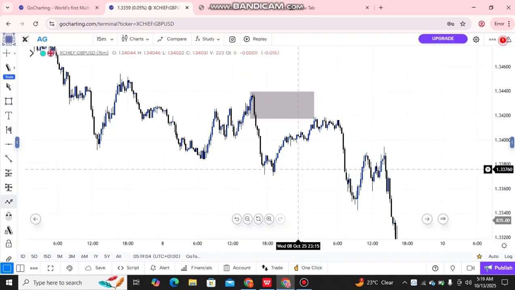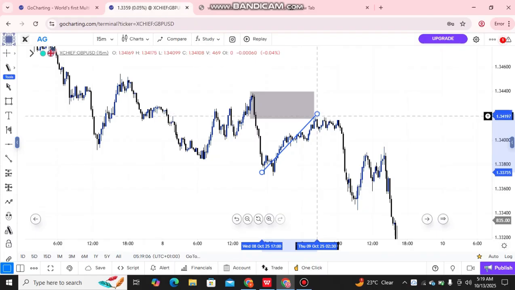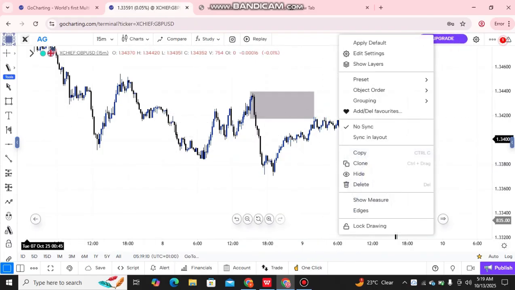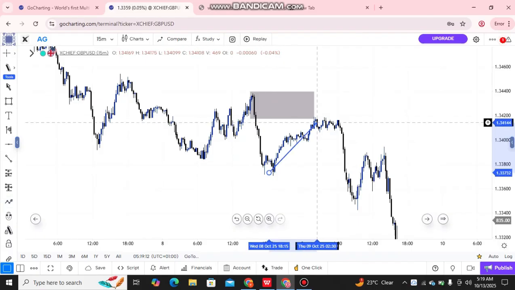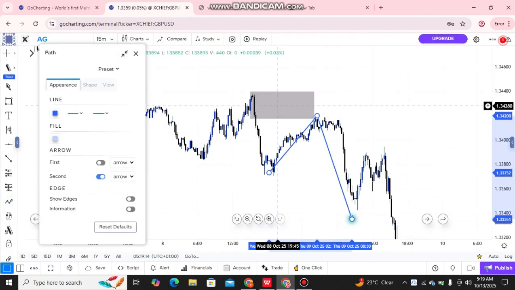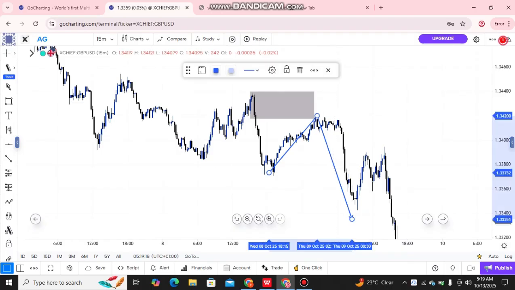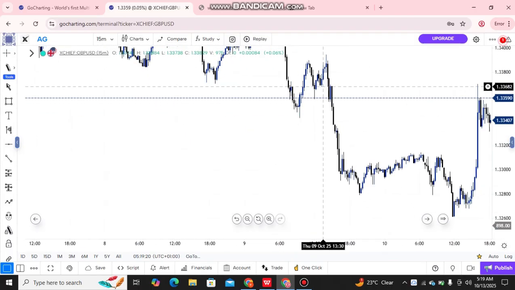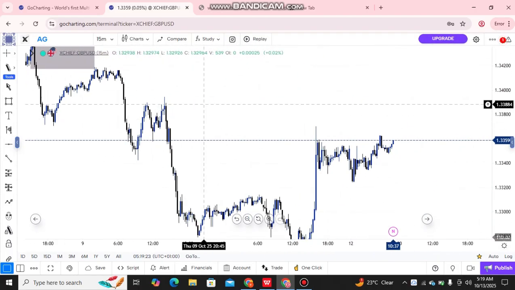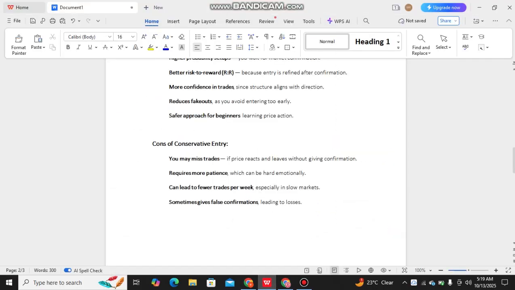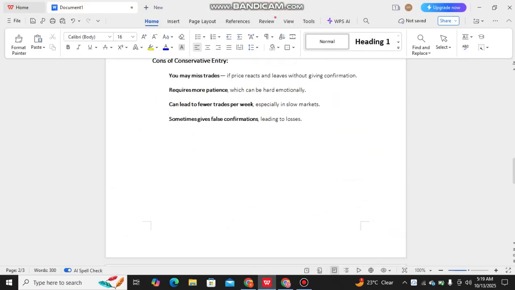Price didn't show a break of structure or a change of character. Can you see immediately price got to this zone, what happened? It just sold off all the way. So you would have missed this whole move waiting for a confirmation entry. Of course, along the way you could look for confirmation trades around here and all of that. So these are the pros and cons of trading conservative entry.